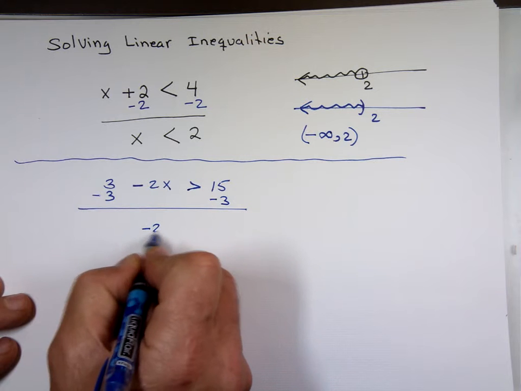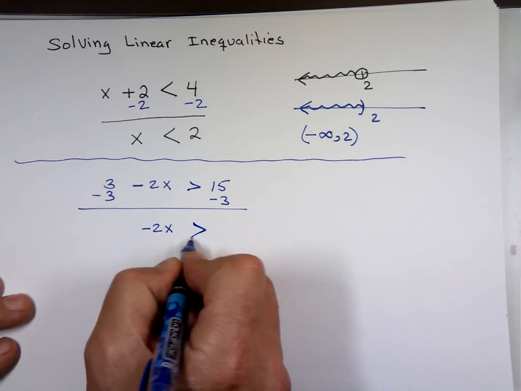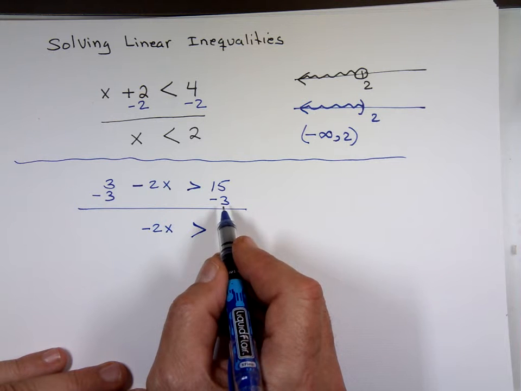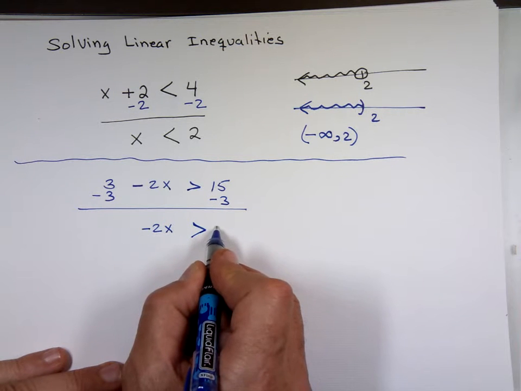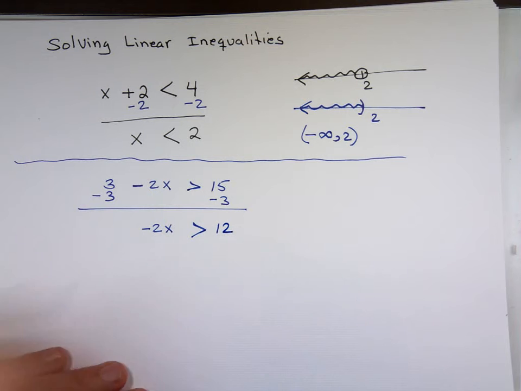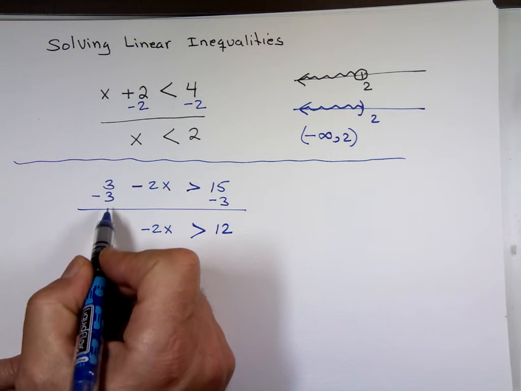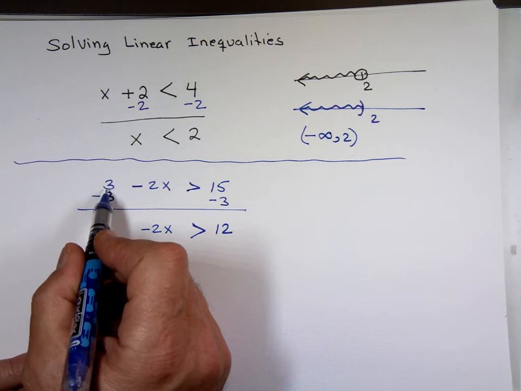We'll have negative 2x is greater than what? 15 minus 3 is 12.